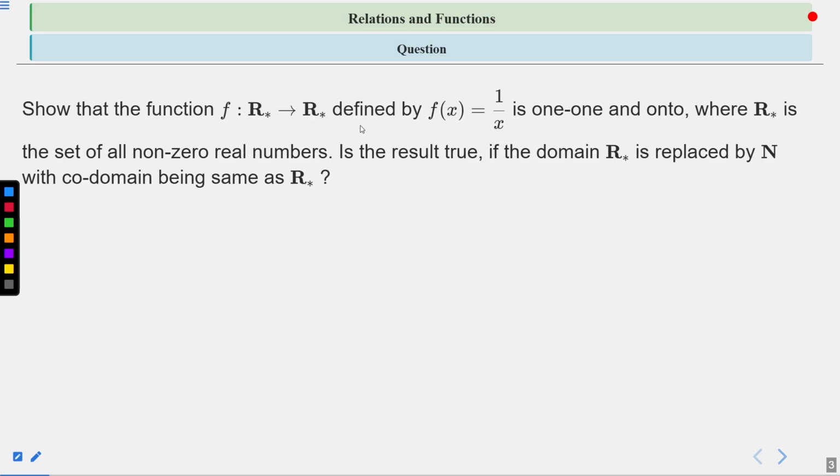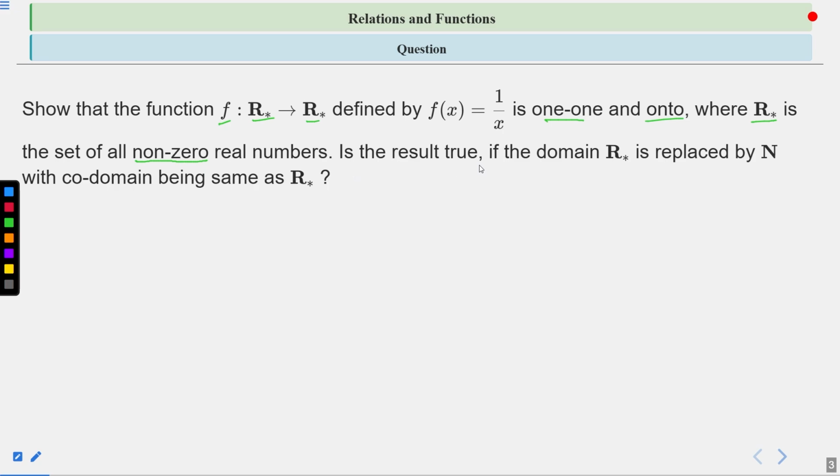Here's our question. Show that the given function from R star to R star, defined as f(x) = 1/x, is one-one and onto, where R star represents the set of all non-zero real numbers, meaning all real numbers except 0.